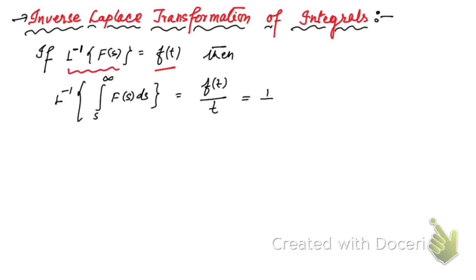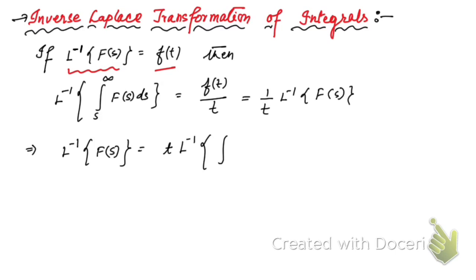Since small f of t is the inverse Laplace transformation of capital F of s, we can replace it. So we can write 1 by t into the inverse Laplace transformation of capital F of s, which implies the inverse Laplace transformation of capital F of s is equal to t into the inverse Laplace transformation of the integration from s to infinity of capital F of s ds.